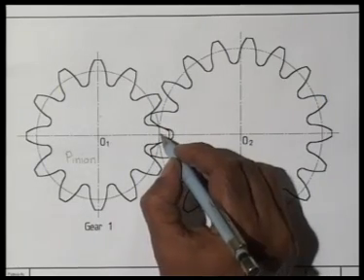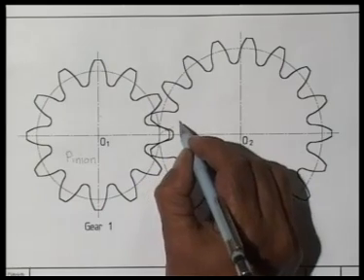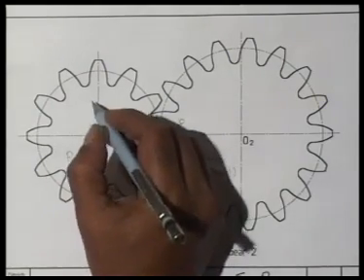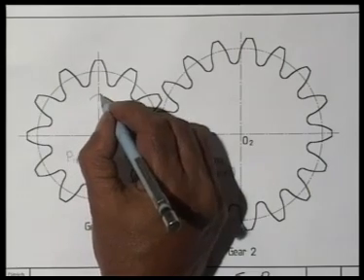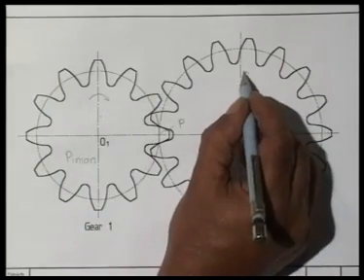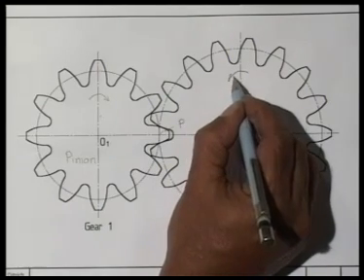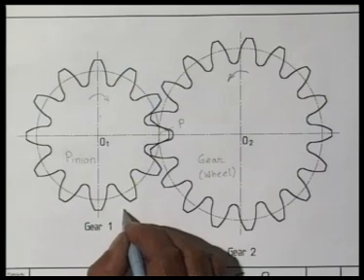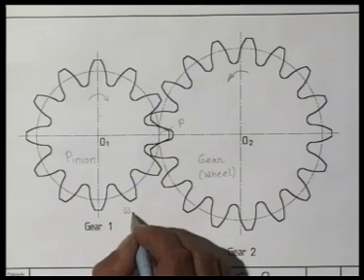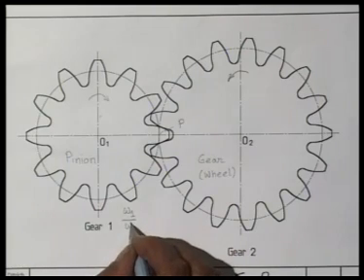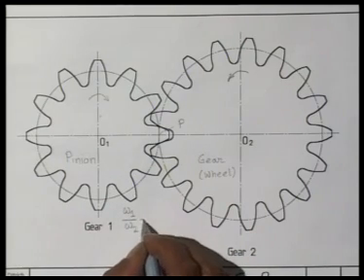Let me call this point P. Due to this external gearing, clockwise rotation of this gear is converted to counterclockwise rotation of the other gear, and the angular velocity ratio omega 1 by omega 2 is constant.